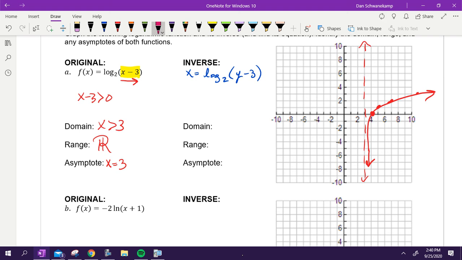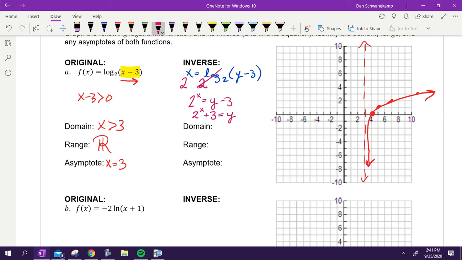What's the opposite of log base 2? Good. 2 to a power. So over here, 2 and the log base 2 are going to cancel. Then I get 2 to the x is equal to y minus 3. Because the 2 and the log base 2 canceled. So then to solve it, I'm adding 3. 2 to the x plus 3 is all equal to y.